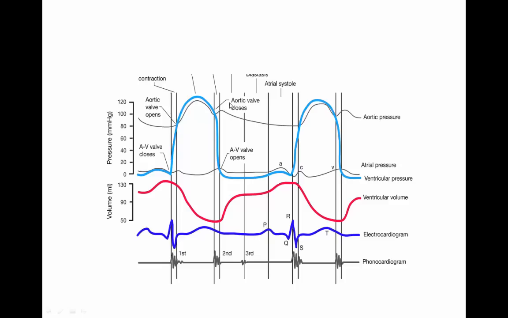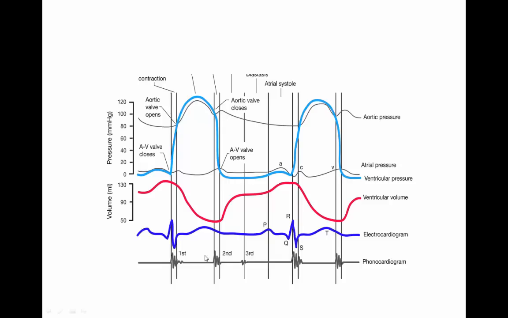So as the blood goes to the systemic circulation and as the blood goes to the pulmonary artery to be oxygenated, there is a decrease of pressure. This will shut down, close the semilunar valves, and this will start the second heart sound, which is S2.